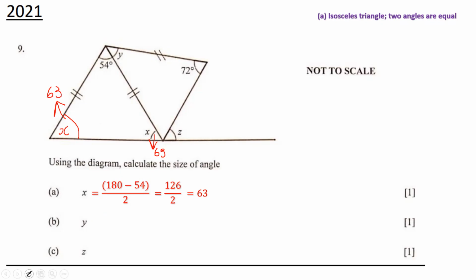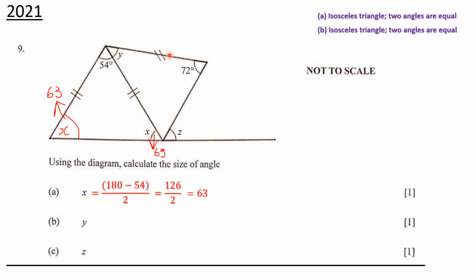Well, if we look at y, the angle y right here is inside a triangle. It's one of the interior angles of this triangle. And what we notice here is that this triangle also is an isosceles triangle. And so the rule that we can use for isosceles triangles is that two of its angles are equal.